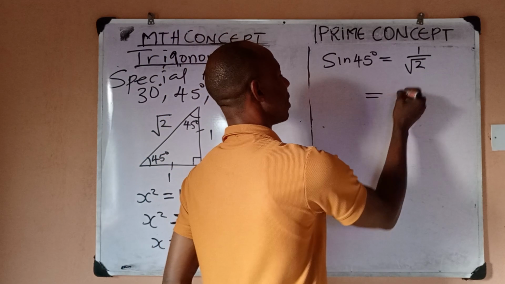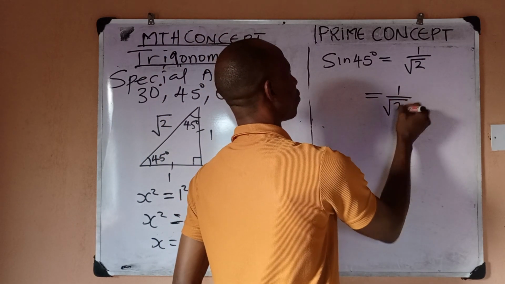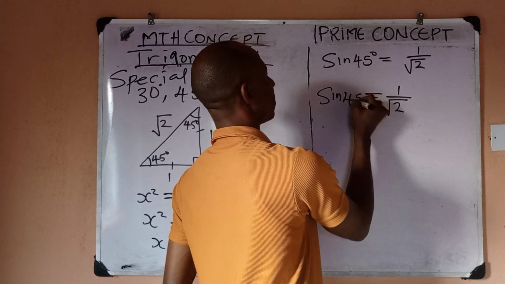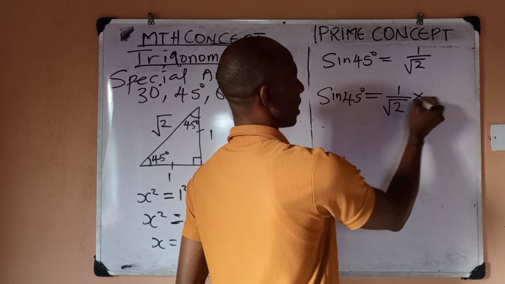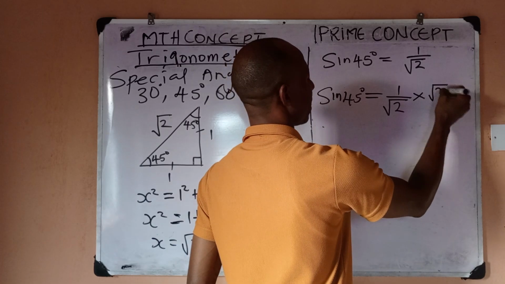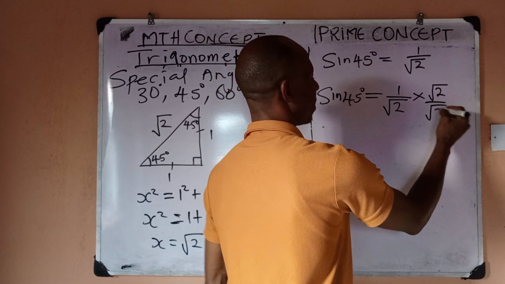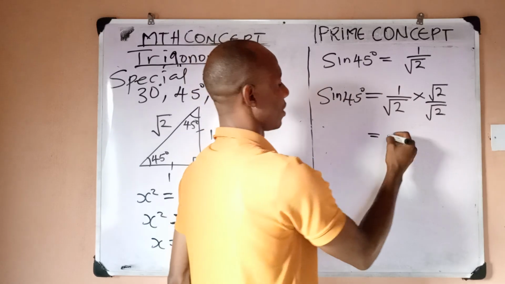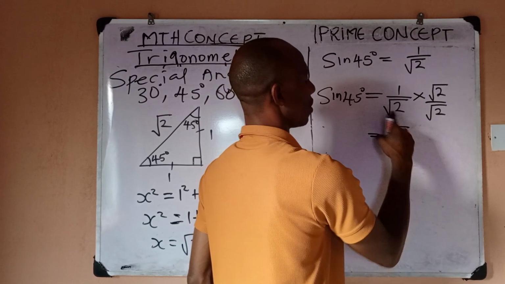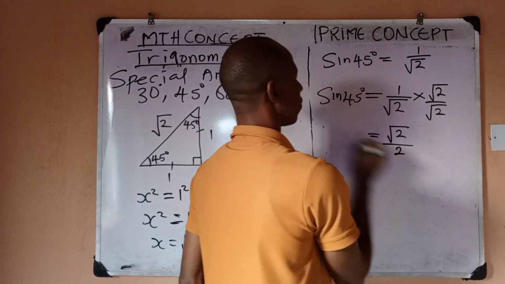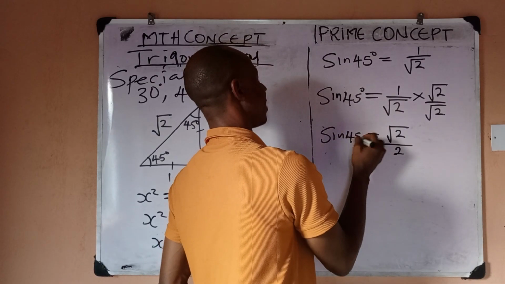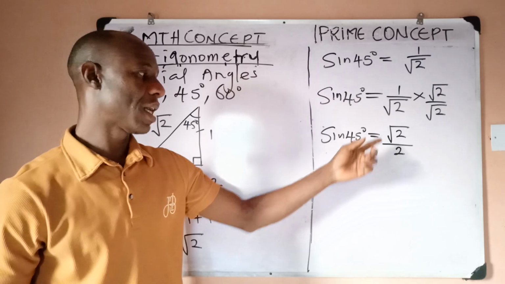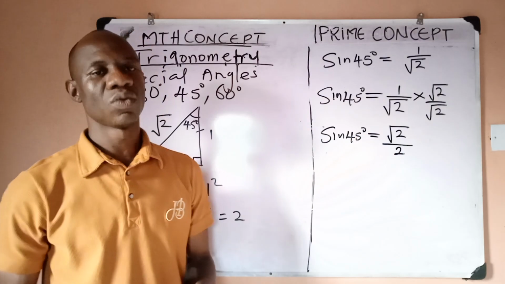For example, I have 1 over root 2 and I want to rewrite it. I would simply rationalize. I will multiply the numerator by root 2, multiply the denominator by root 2, so that root 2 times 1 will give me root 2. Root 2 times root 2 will give me 2. So it means that sine 45 degree is also same as root 2 over 2, right?